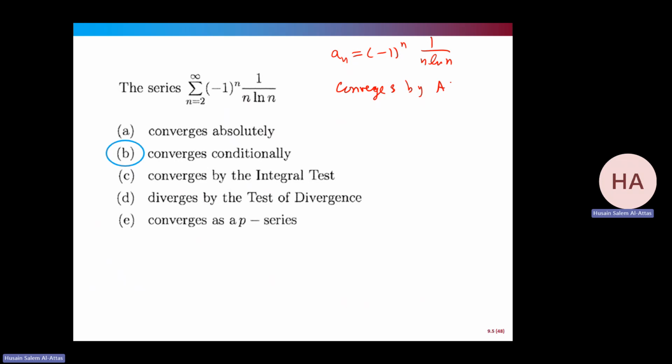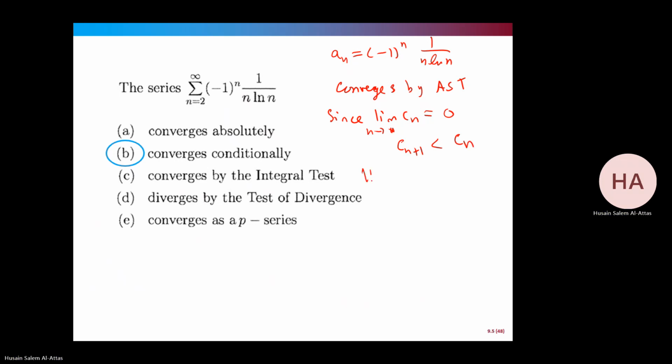This one converges by the alternating series test, since the limit of c_n, without the (-1)^n, is clearly 0, and c_(n+1) is less than c_n. So it converges by the alternating series test.